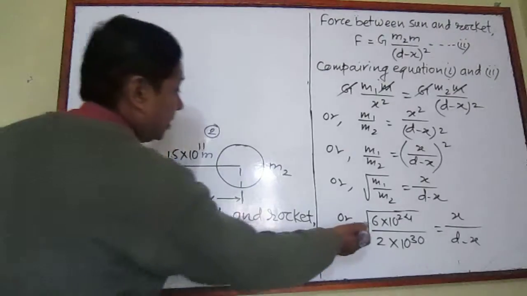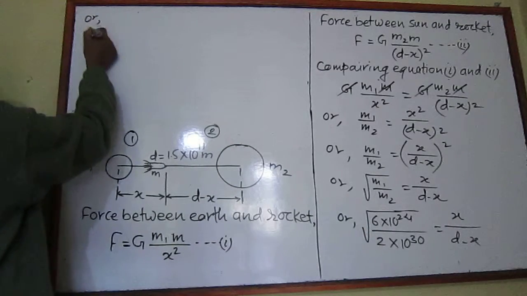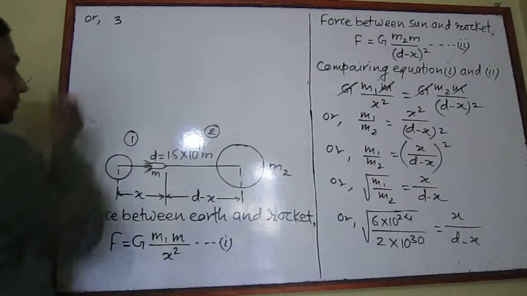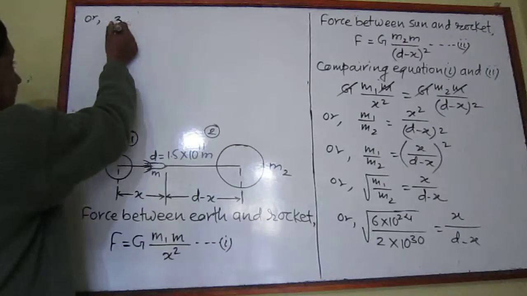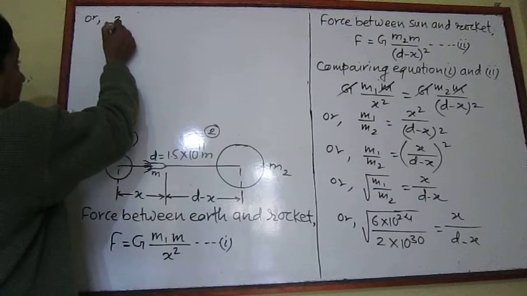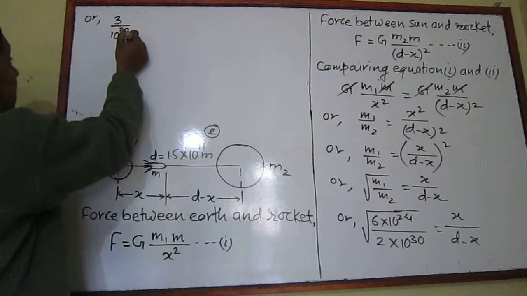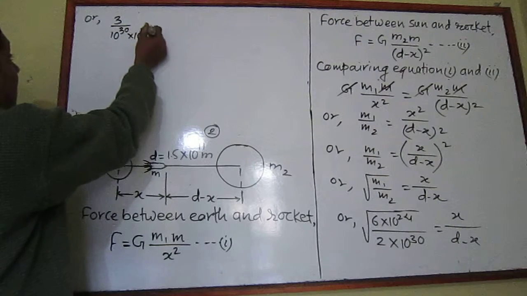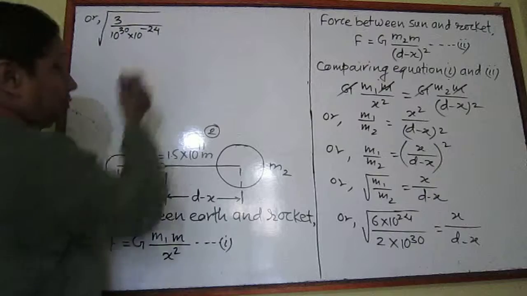Now 6 divided by 2 becomes 3, and 10 to the power 24 taken to the denominator, then 10 to the power 30 into 10 to the power minus 24, all this is in the root.